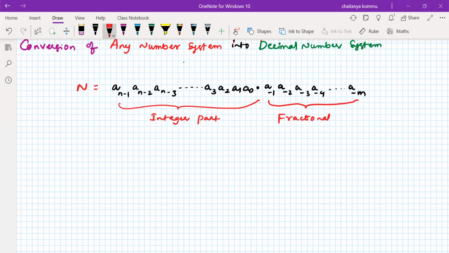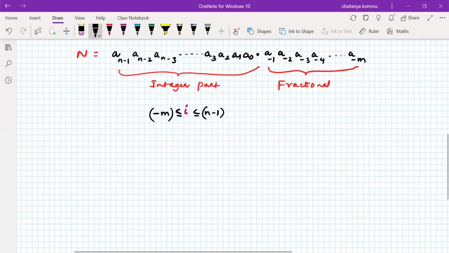Therefore, what is the range of this number? Let me call the index i, for example. It is available with i ranging from minus m less than or equal to i less than or equal to n minus 1. So the positive side is n minus 1, the negative side is minus m.